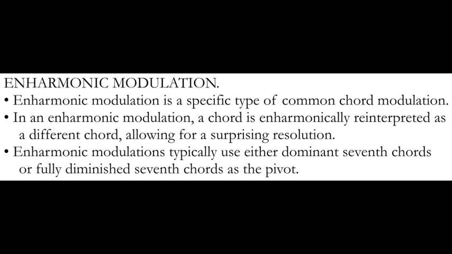We have two common chords that are used for enharmonic modulations: dominant seventh chords or fully diminished seventh chords. Both of these have some enharmonic possibilities that allow us to do some tricky and interesting and fun modulations with them. Let's look at each and see how they can be used to accomplish an enharmonic modulation.